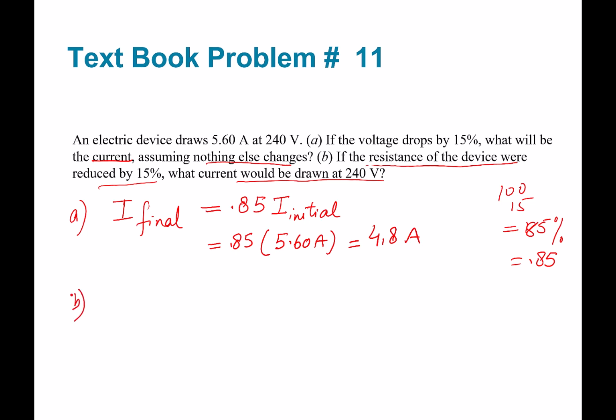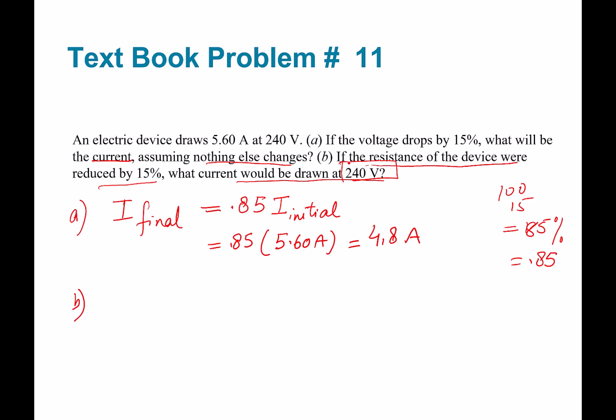In the same way, let's check if the resistance drops by 15%, the same as being multiplied by 0.85, and the voltage stays the same. So we are finding what current would be drawn at 240 volts if the resistance of the device were reduced by 15%.